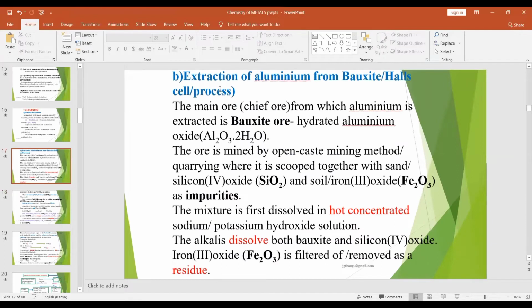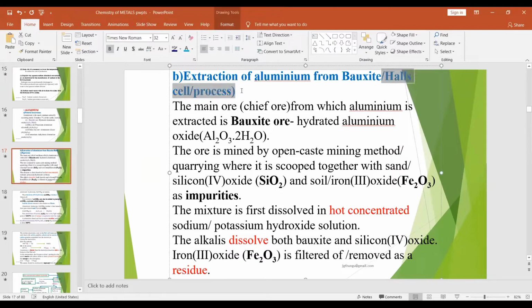From this subtopic here, extraction of aluminium from bauxite in the Hall cell. Not the spelling, Hall cell. The process used to be called Hall's process. This is a person who came up with this structure, hence the name was given.